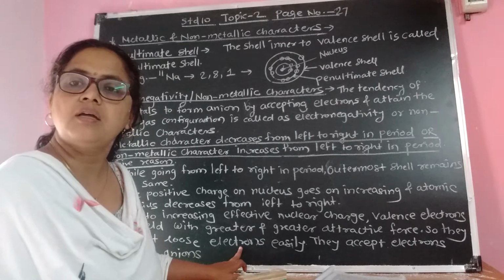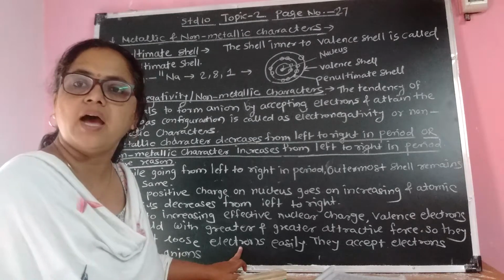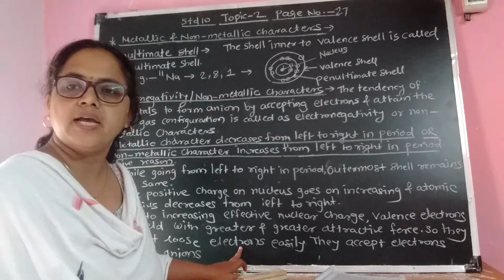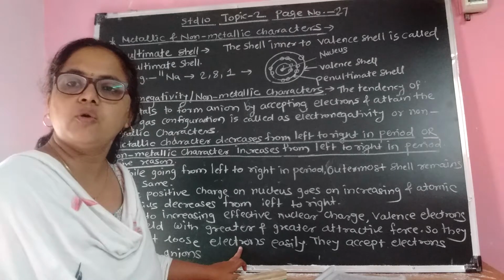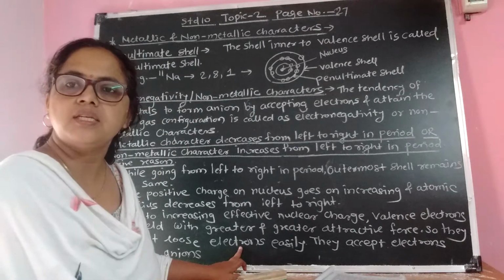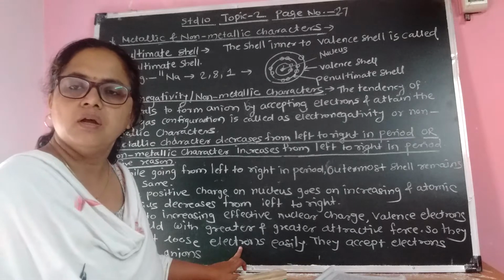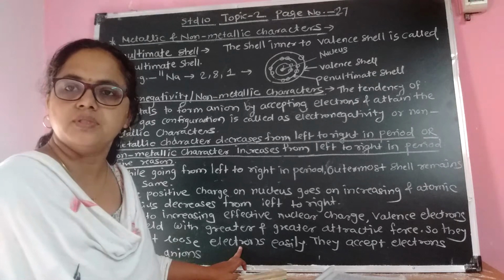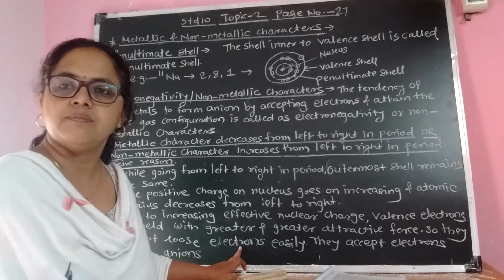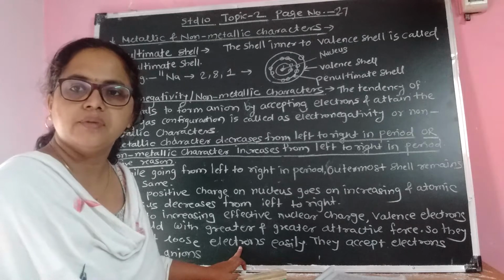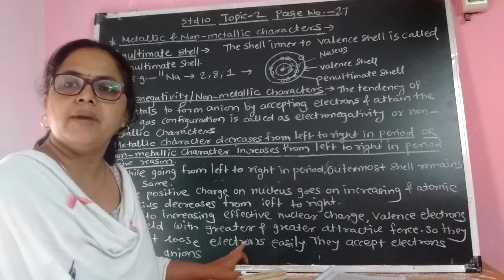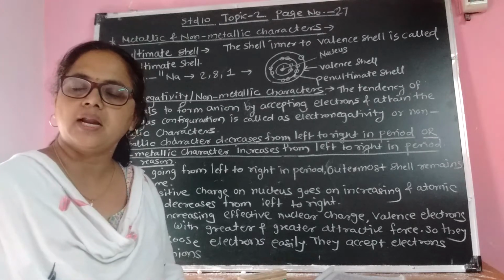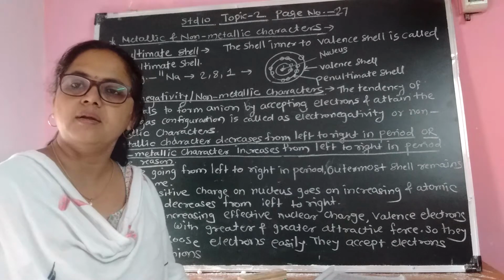They accept electrons from other atoms and form anions. The tendency of forming anions is called non-metallic character or electronegativity. So, this tendency of non-metals goes on increasing from left to right. That is, the accepting tendency goes on increasing from left to right in a period. So, metallic character goes on decreasing from left to right in a period. That is, non-metallic character increases from left to right in a period.